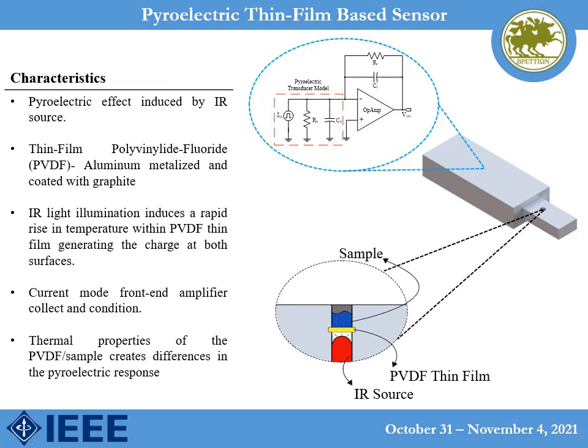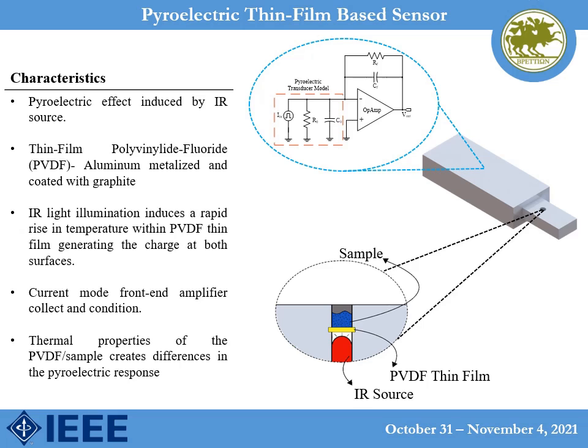The fundamental of the proposed solution is based on the use of polyvinylidene fluoride, a ferroelectric polymer, and in particular exploiting its pyroelectric properties induced by infrared radiation. As shown in the figure, a PVDF layer is interposed between an infrared source and the cell sample.